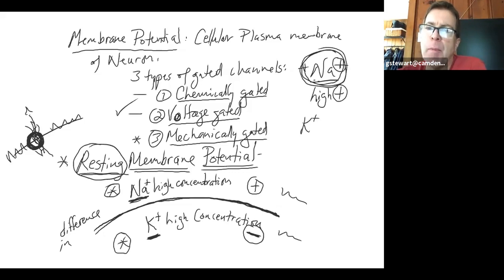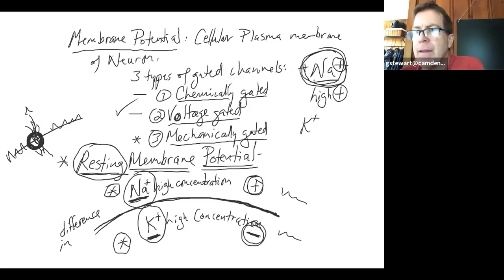Don't get so hung up on how it can be positive out here and negative in here. Really, what it means is the outside of the cell is more positive than the inside. And the reason is because sodium has a higher strength in positivity, that's all.